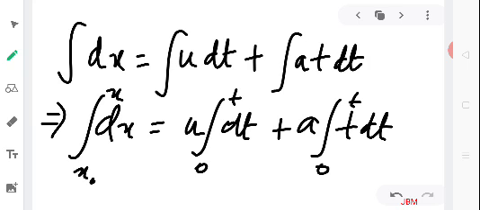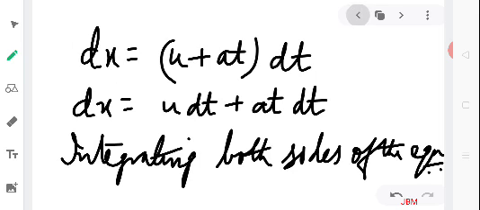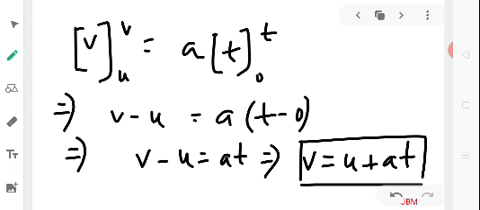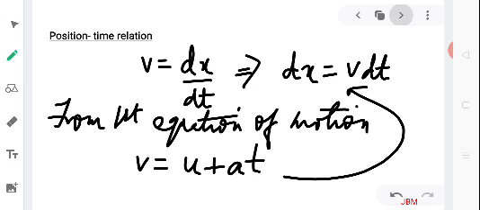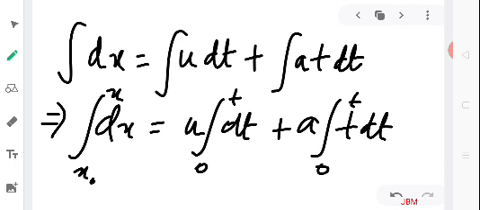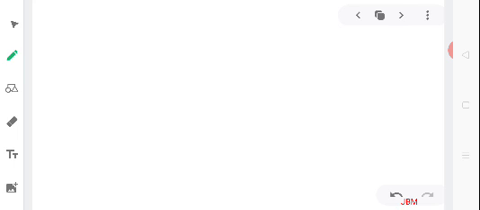And again, I would like to remind you that we are making use of the same standard integral: integral of x to the power n dx is equal to x to the power n plus 1 by n plus 1. So, don't be confused. This same integral will be used again and again. Let's go back to the point where we had left. So, now we will write down the results.